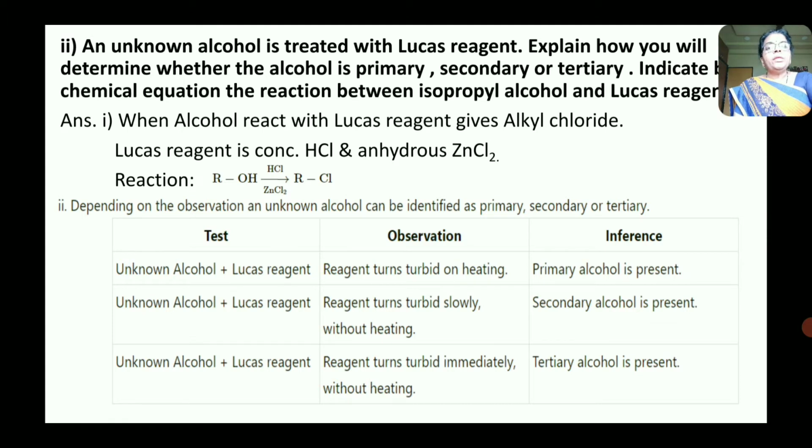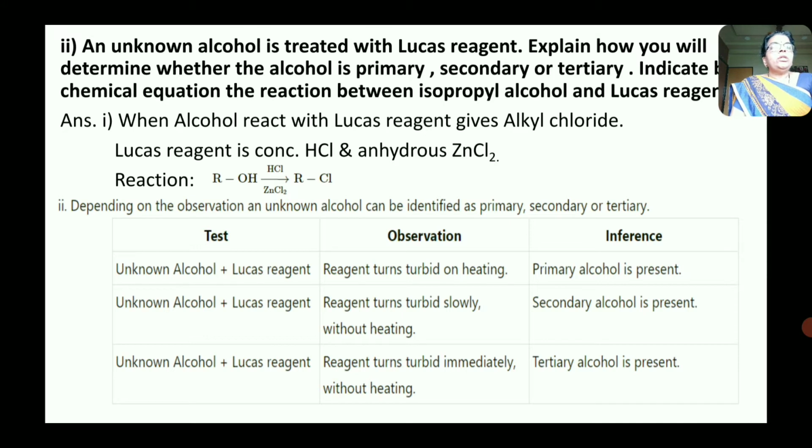And if this unknown alcohol is treated with Lucas reagent, then reagent turns turbid immediately without heating. From this you can say that this alcohol is tertiary. That is, here rate of reaction of tertiary alcohol is higher than that of secondary alcohol, and the rate of reaction of secondary alcohol is higher than that of primary alcohol.